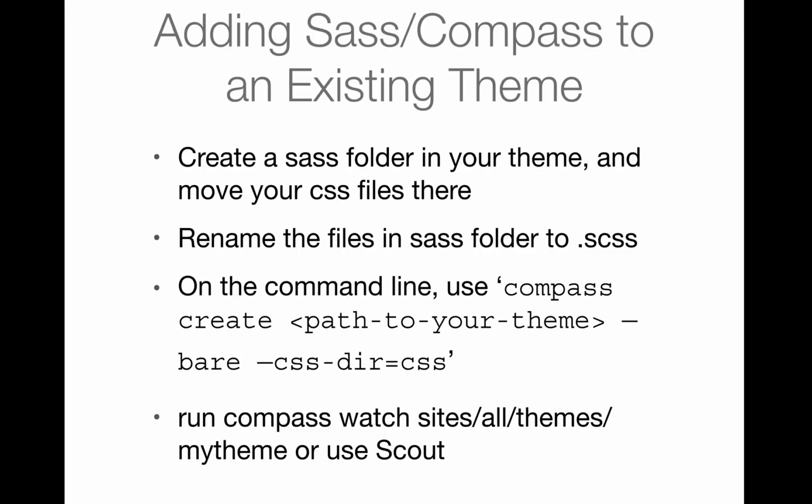You have to change the extension to SCSS. And then if you're using the command line, you'll just use compass create, put the path to your theme, and then you can use bare and the css-dir like I just showed you. And then you want to just run compass watch and then the path to your theme.